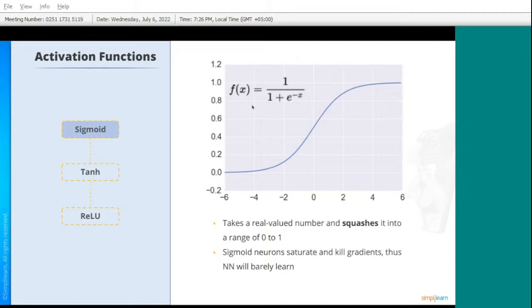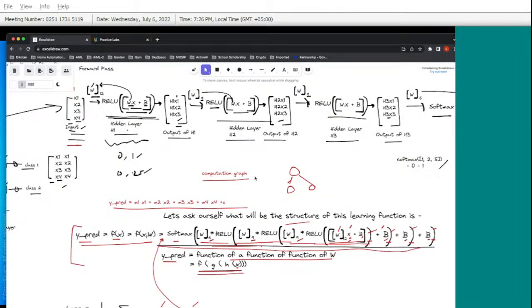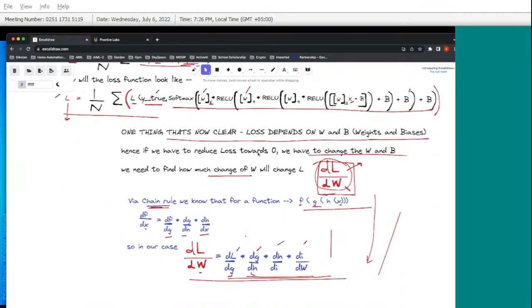If you use sigmoid neurons in the hidden layers, there is a possibility that your learning might stop. There is a problem in neural networks called vanishing or exploding gradients. One thing is very clear in backprop: if any of the gradient computation is 0, what happens to the whole gradient?